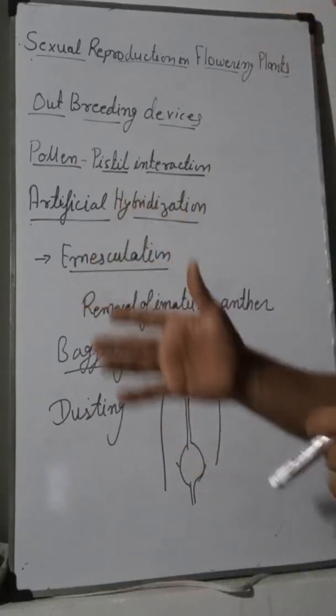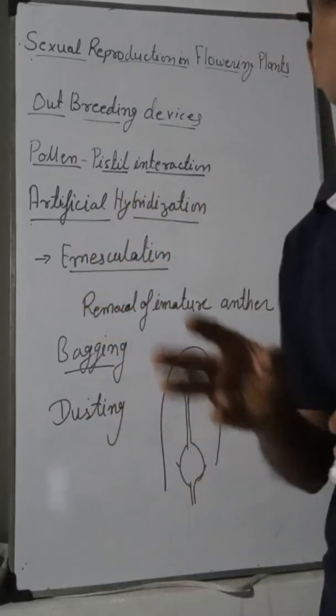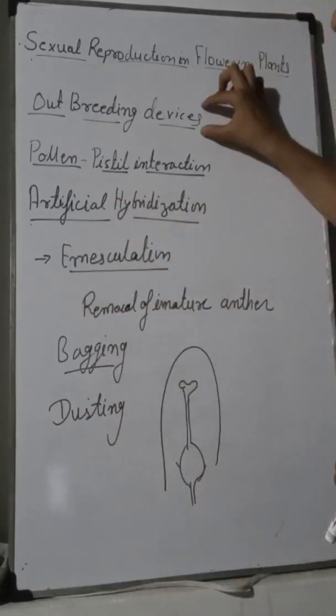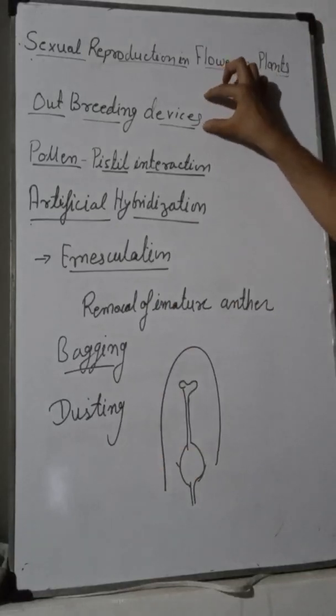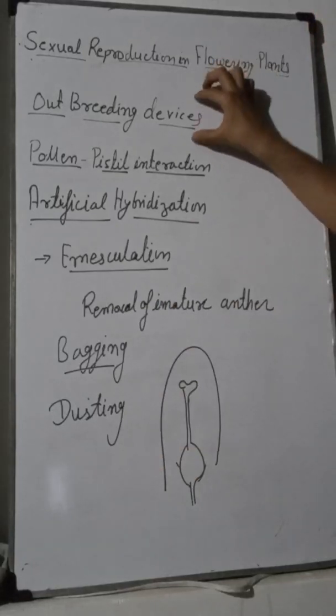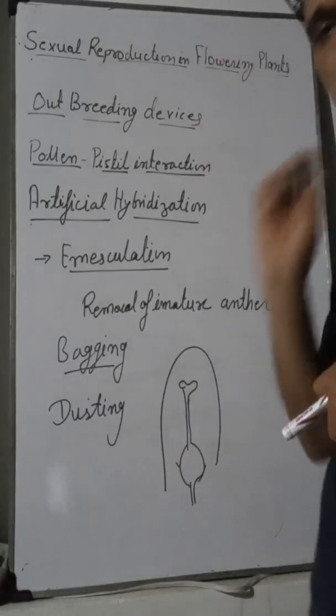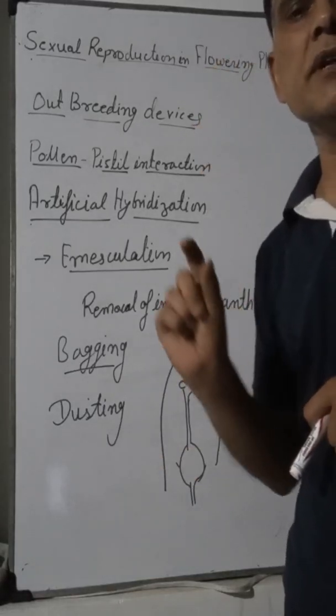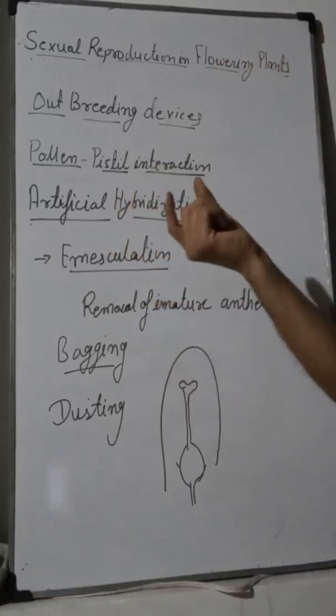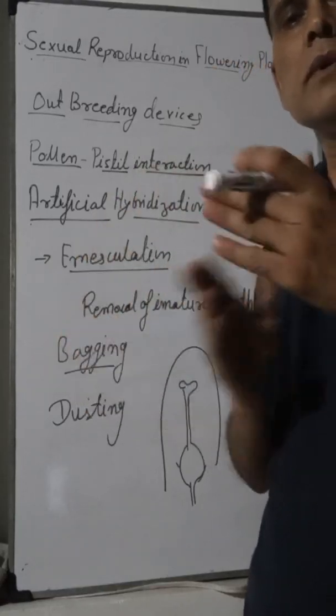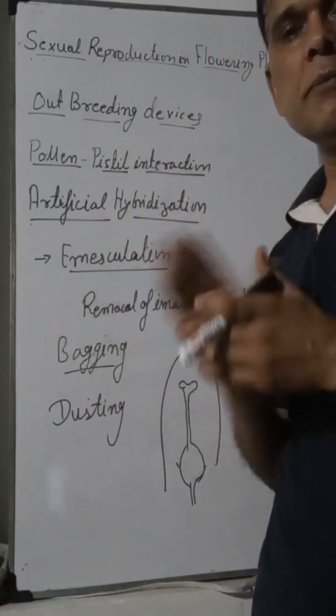So today we discussed mainly three things. One is outbreeding devices, the devices which prevent self pollination and increase cross pollination. Another one is pollen pistil interaction, the interaction between the pollen grain and pistil from transfer of pollen grain to before fertilization.